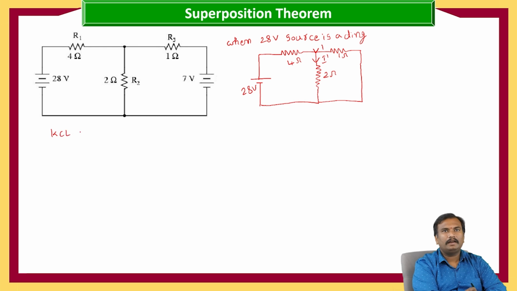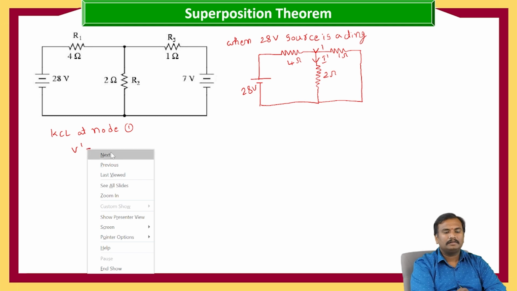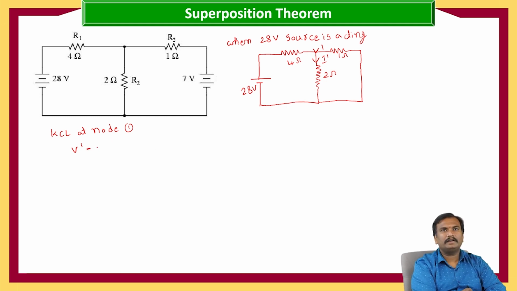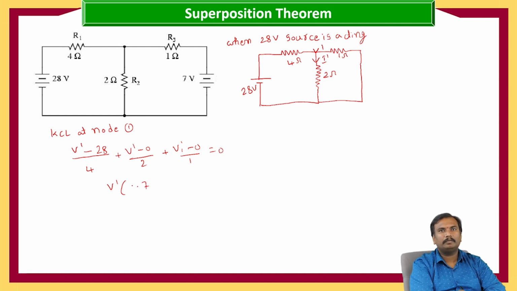So KCL at node 1, that is V dash minus 28 by 4 plus V dash minus 0 by 2 plus V dash minus 0 by 1, which is equal to 0, where V dash into 1.75 is equal to 7. 28 by 4 we got as 7.